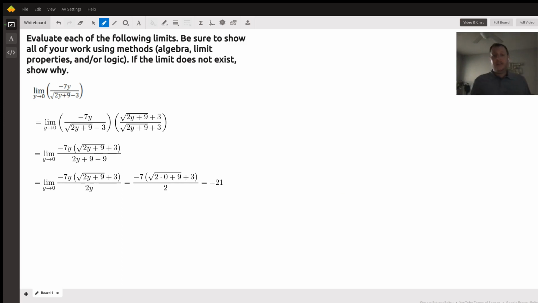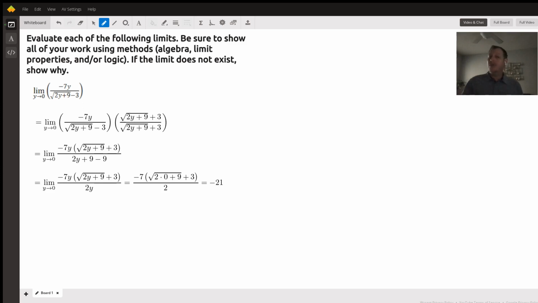A couple of closing thoughts on this problem. A friendly reminder: don't distribute if you don't have to, especially since we're looking for a factored form. And from my teaching point of view, a common mistake I see with students is that they'll drop the limit notation. I'm a stickler for that, mostly because a limit doesn't necessarily equal a function. Here, the function does not exist at y equals 0, but the limit does.